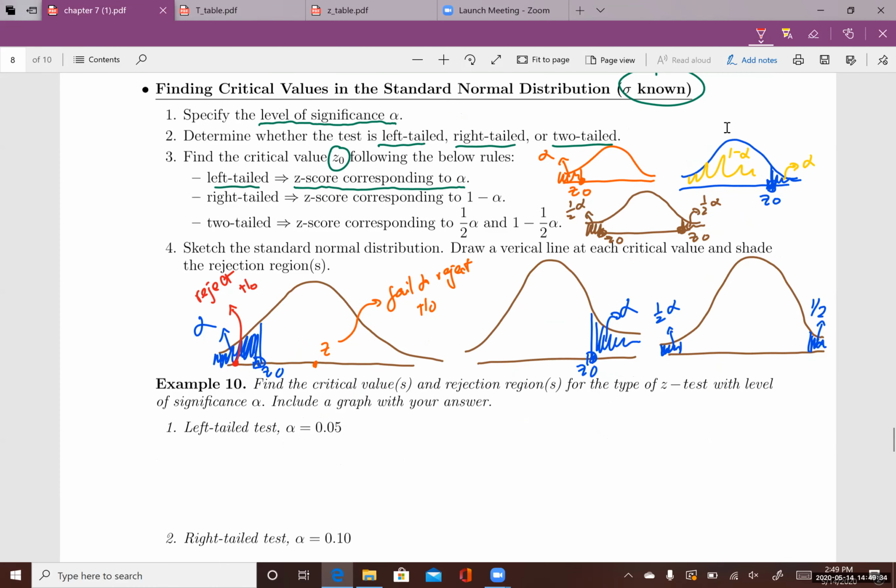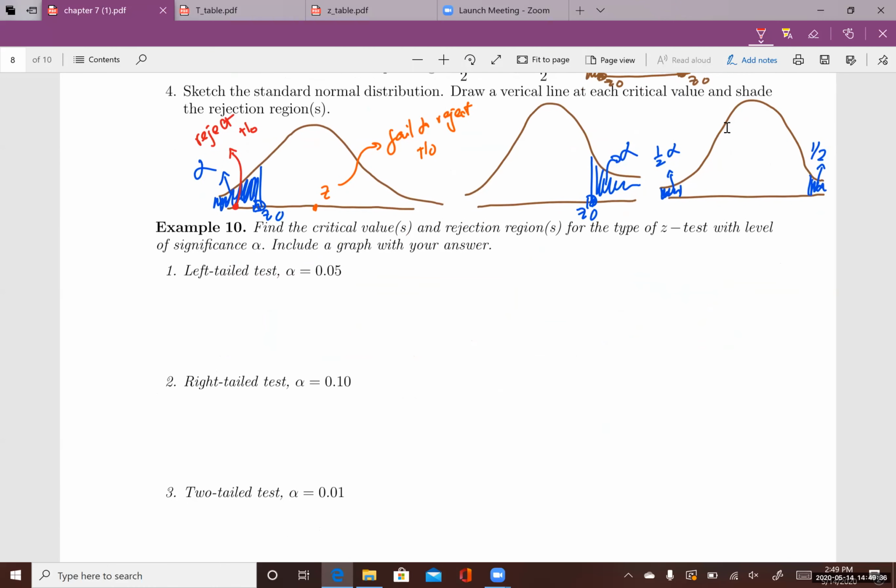Okay, let's do the next example. Find critical values and rejection regions for the Z-test with level of significance alpha. Include a graph with your answer. So I have a left tail test. I know that the rejection region has to be on the left, right? And I know alpha is 0.05, then I just need to find the Z that corresponds to 0.05 to the left.